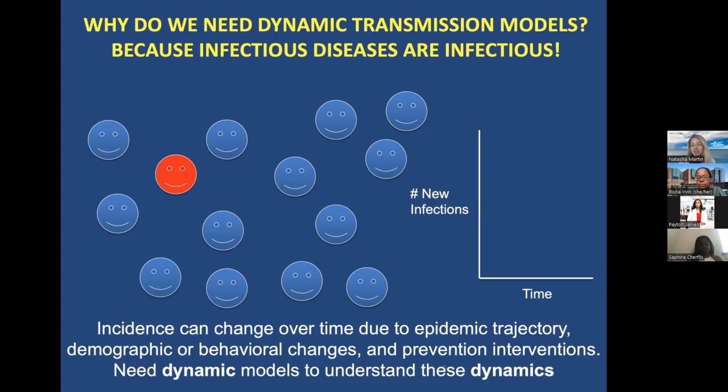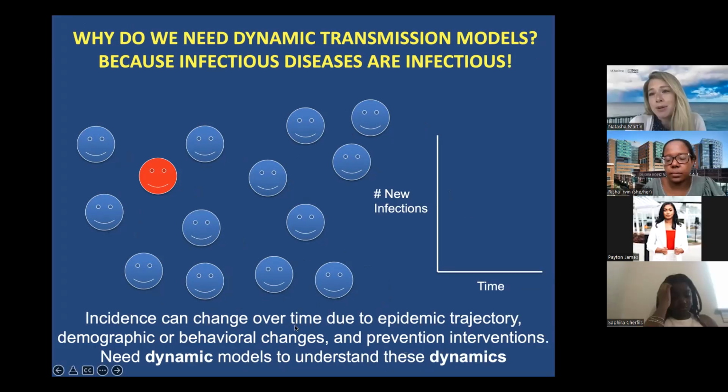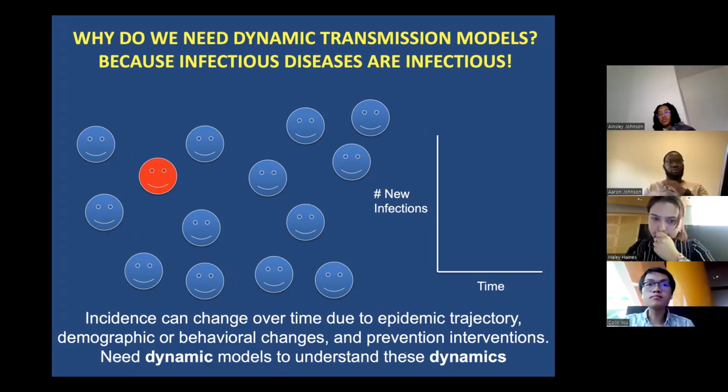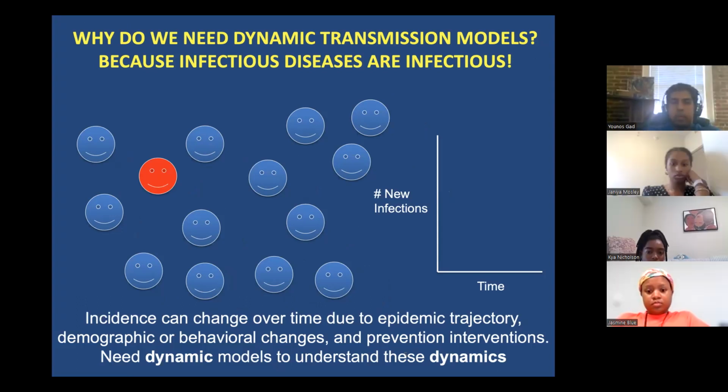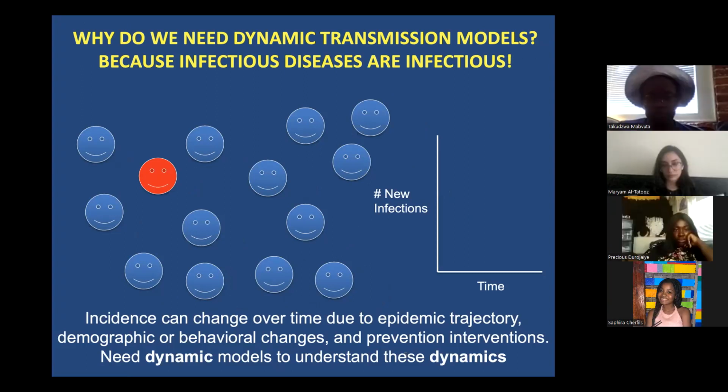And these infectious patterns change over time as the disease spreads. So the incidence, or what we call the number of new infections, some people might say, well, why can't we just see what incidence was yesterday or last year and assume it will be the same in the future? But of course, we know that's not true, right?